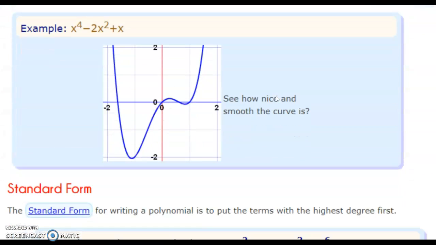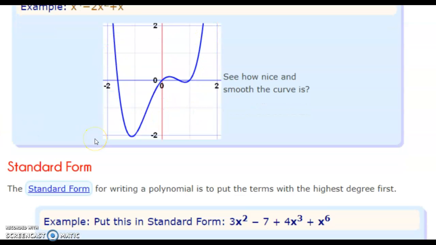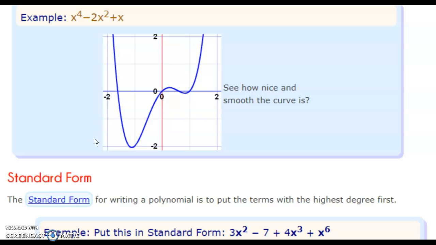So then we have general families of functions for polynomials based on their degree. And so this would be a fourth degree polynomial. All polynomials, the graphs of them they don't look the same, but they're all smooth and continuous. So there are no jumps or bumps in them.